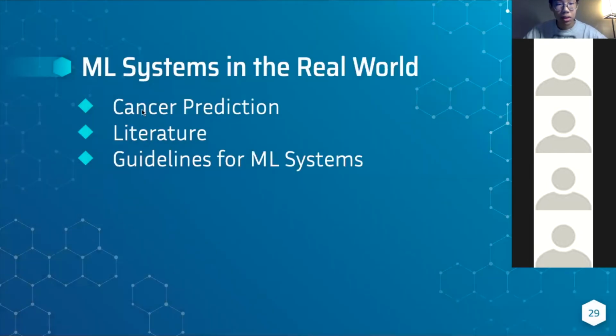And I will just talk about the last slide, machine learning systems in the real world. As I said before, there could be cancer prediction, but also literature, surprisingly. A lot of people can use machine learning models to predict next words. So when you're typing on your phone and something pops up on the top of your keyboard, you might be able to just click on that and it matches the word that you're going to say next.